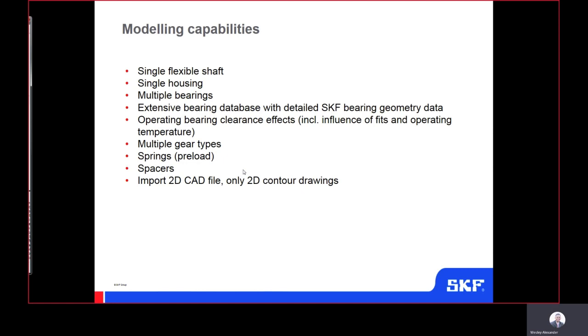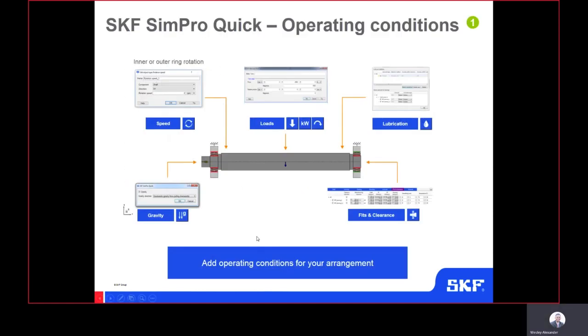On to the next screen. This is really the main screen of SimPro Quick. It's called the modeling desk. This is where you build your model and define all your parameters. So for example, what we see on the screen is a section of a bearing shaft with two bearings on it.